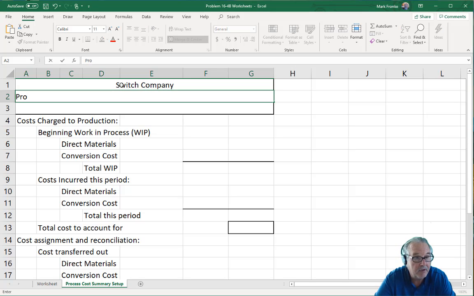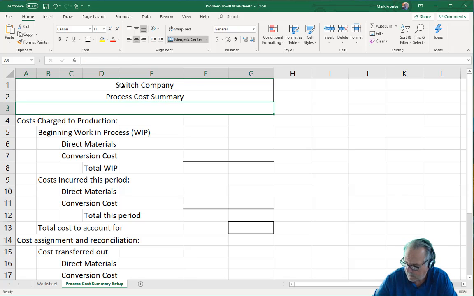This is a process cost summary. And by the way, this is not part of problem 16.4b. This is actually problem 16.5b, but I just wanted to illustrate it so you can tie together these numbers and get a feel for that.